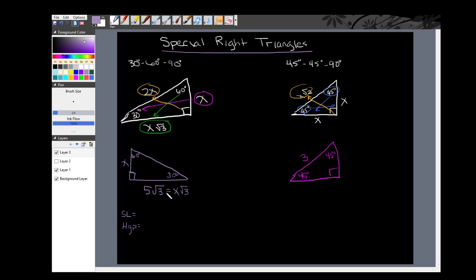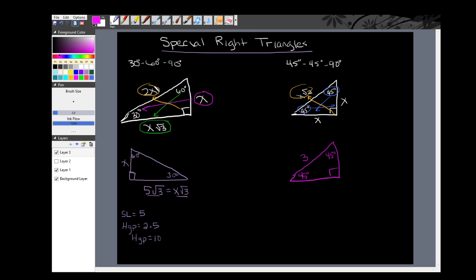And if you look at this example, 5 root 3, x root 3, that means x is equal to 5. So our short leg is 5 units long. And then to get our hypotenuse, when we know what our short leg is, you take 2 and multiply it times the short leg. So my hypotenuse is equal to 2 times that short leg, which is 5. So our hypotenuse in this case is 10 units.